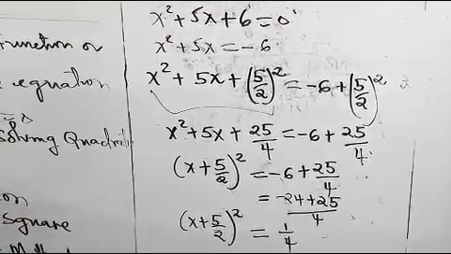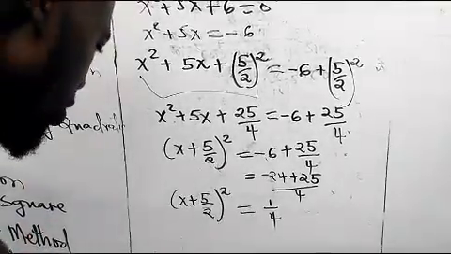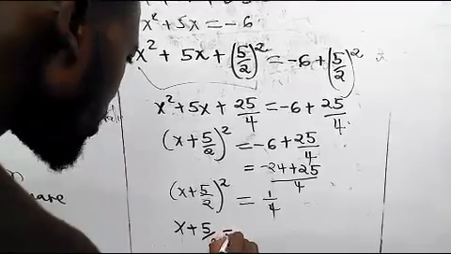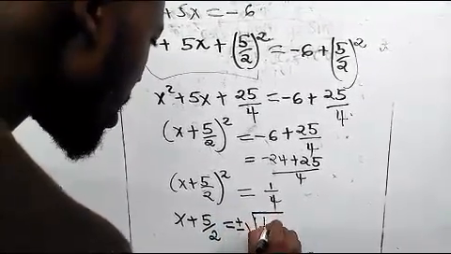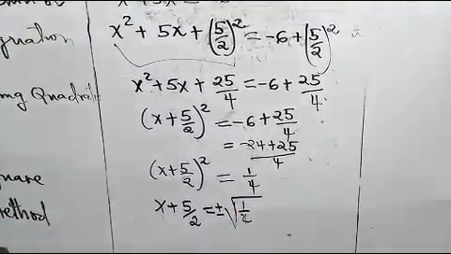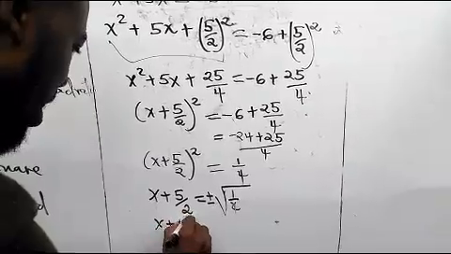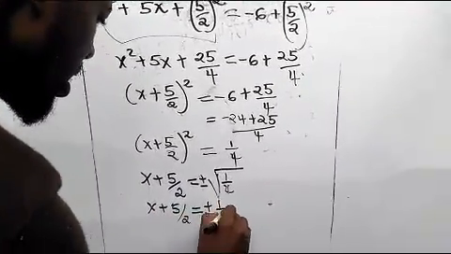Now, taking the square root of both sides of the equation in order to make x the subject, we are going to have x plus 5 on 2 equals plus or minus the square root of 1 on 4. So we are simply going to have x plus 5 on 2 equals plus or minus a half.